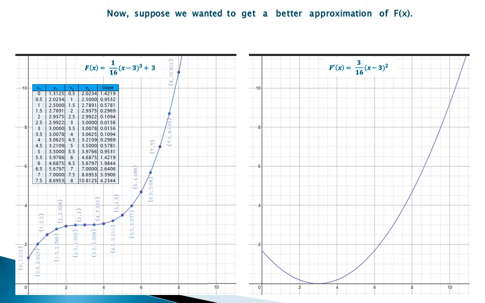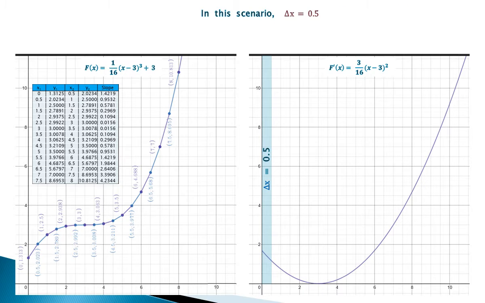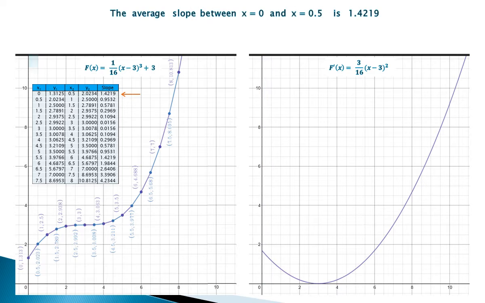Now suppose we wanted to get a better approximation of f of x. In this scenario, delta x equals 0.5. The average slope between x equals 0 and x equals 0.5 is 1.4219.